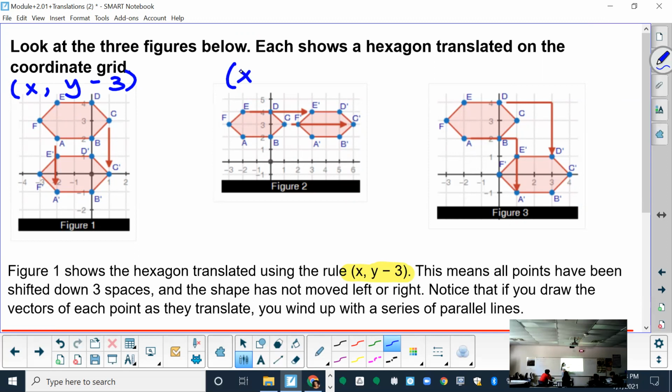If you didn't know, the prime tells you that that's your translated image. So anytime you see the prime, that's your translated image. How much is each point moving to the right? It's moving to the right 1, 2, 3, 4, 5, good. And since it's moving in a positive direction, we write +5.